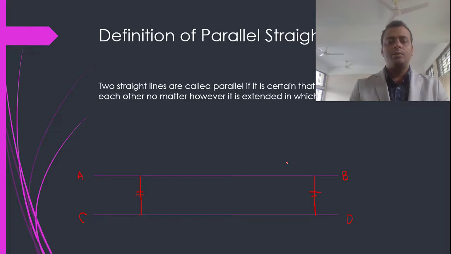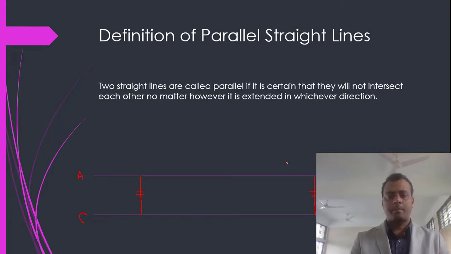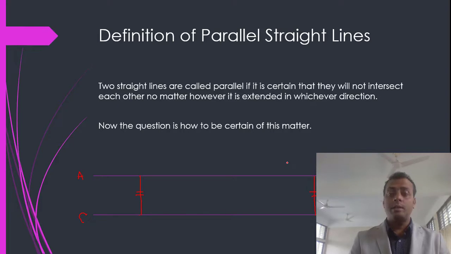They are going keeping a constant distance among them. So no matter in whichever direction however you extend these two lines, they will not intersect. So you can say AB and CD are parallel straight lines. Now the question is how to be certain of this matter, whether they will intersect or not.